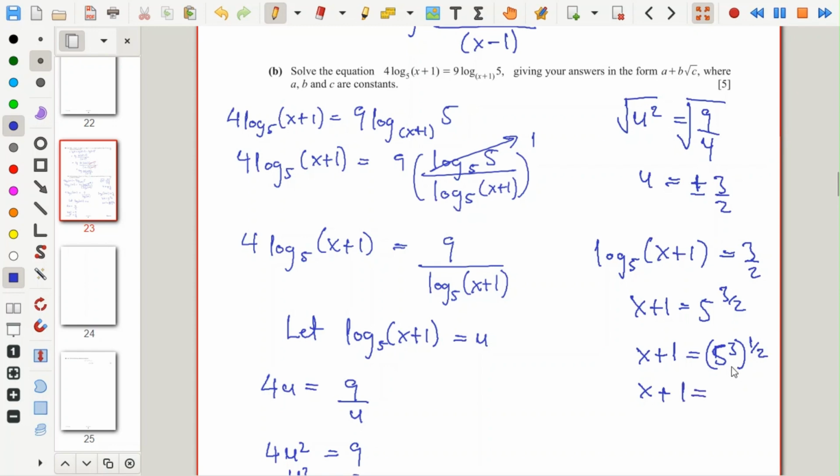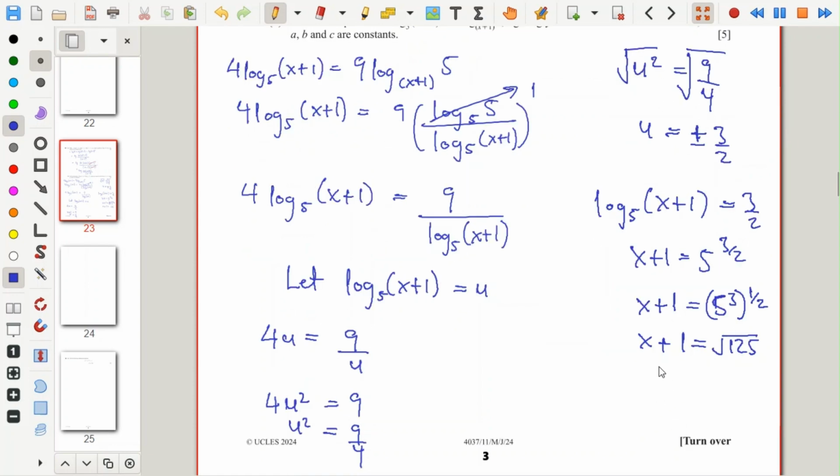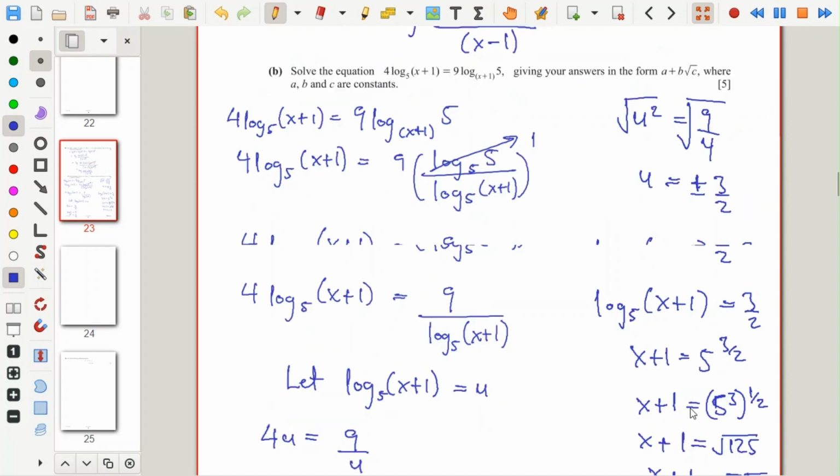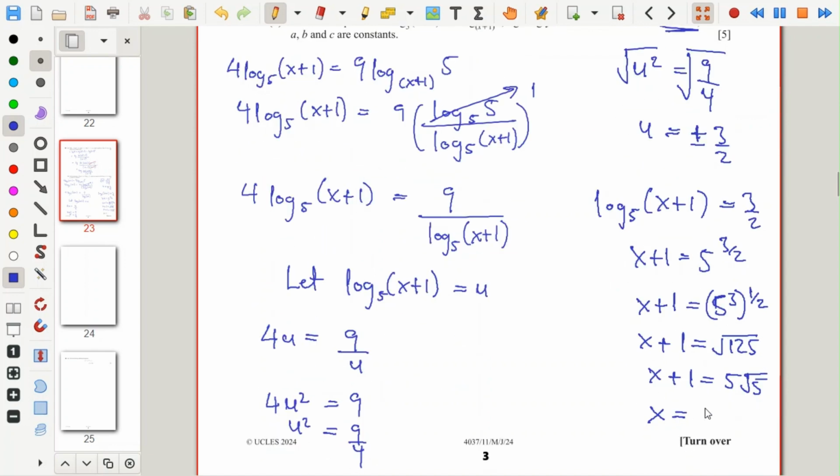And 5 cubed is the same as 125. And this one means square roots. Exponent half means square roots. So this is the same as square root of 125, which is 5 surd 5. So this can be written as this. If you leave it in terms of this, minus 1 plus 5 surd 5.